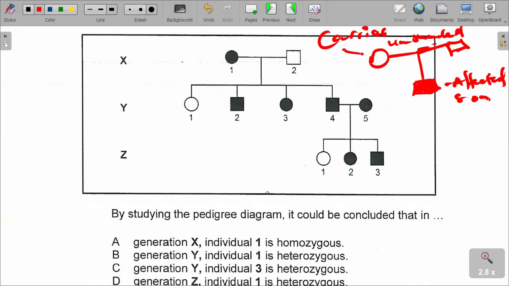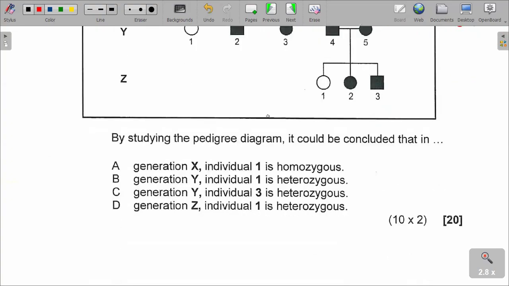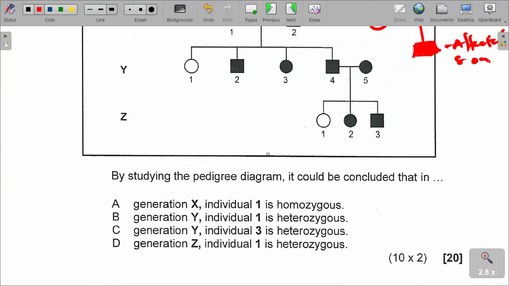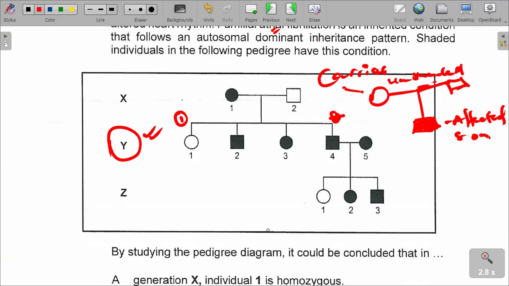By studying this pedigree, we can say generation Y, individual one is heterozygous. Generation Y is a generation here because we are looking from here up to there, which is children who are born from generation X.